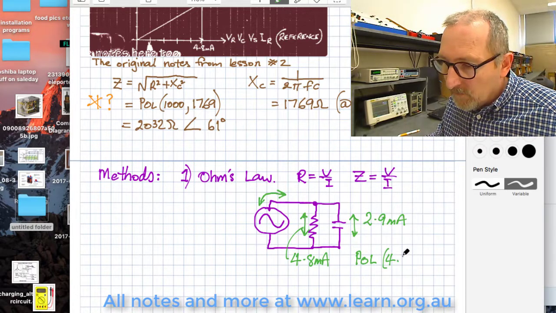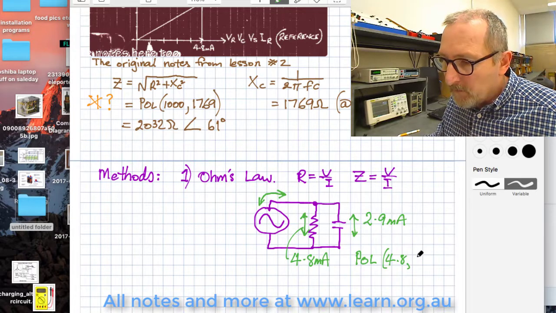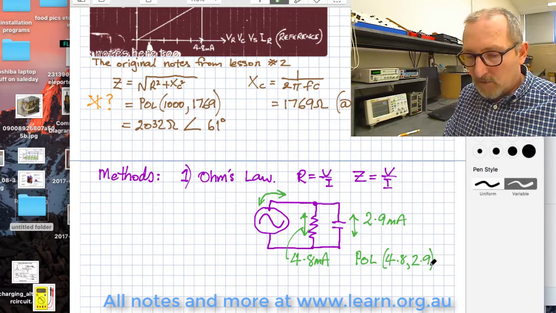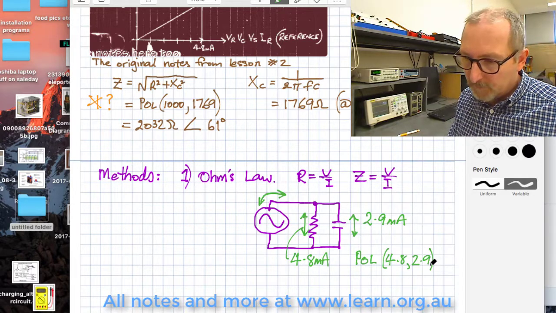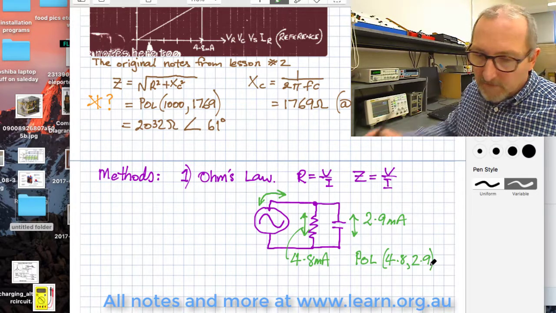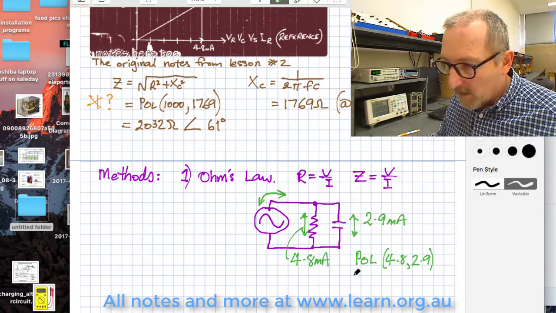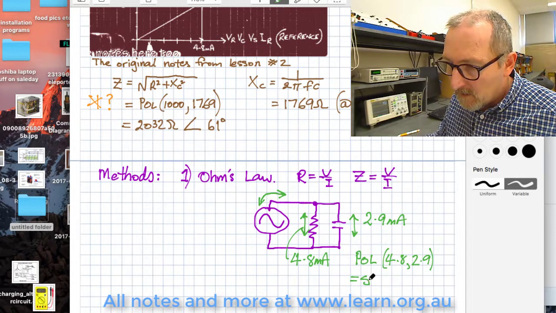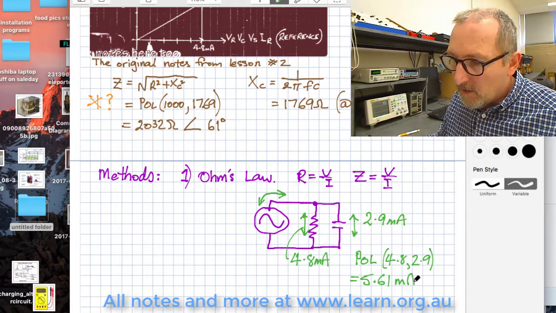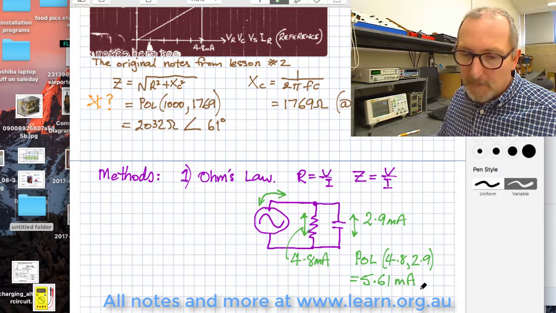Pol 4.8. Does this bring back memories? 2.9. Run those figures quickly. Shift Pol 4.8, comma 2.9 equals 5.61 milliamps.